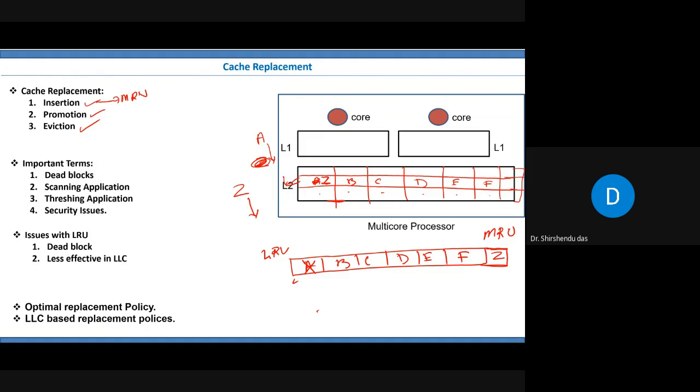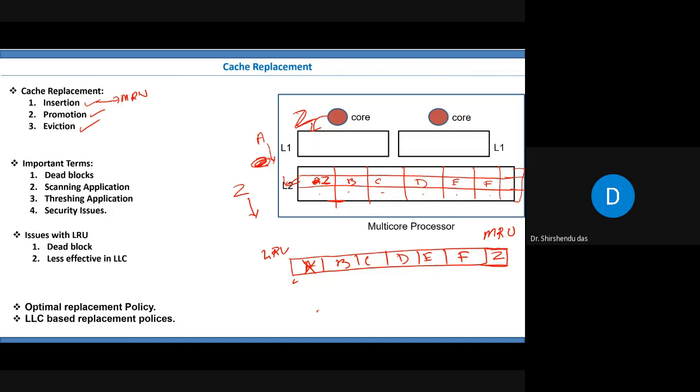Now after this request, assume that initially the core was requesting Z, but after this request no core has requested Z. At this moment Z is requested, but no one else will request Z anymore.